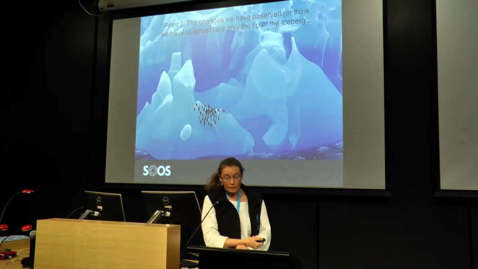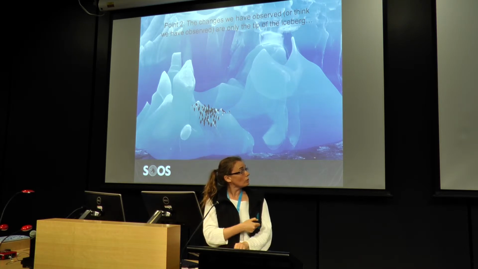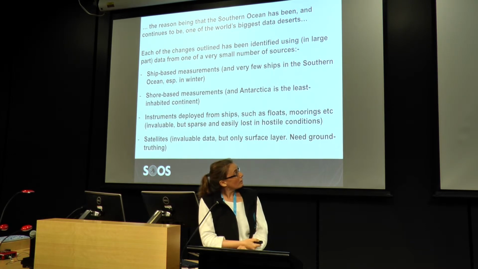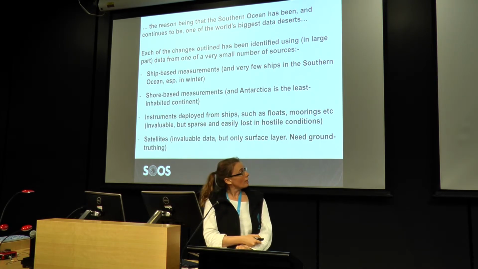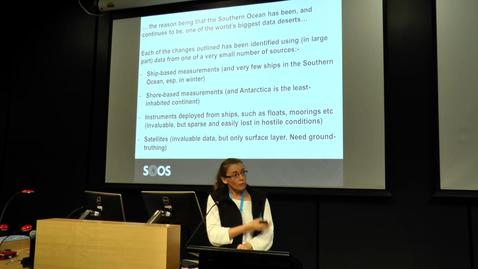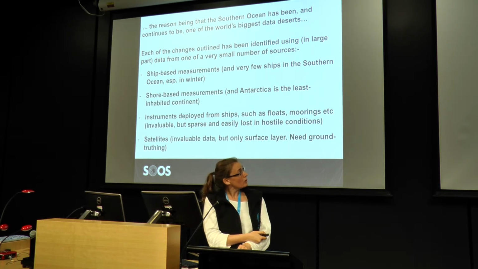The second point is that these changes that we have observed, or think we have observed, are only the tip of the iceberg. The reason for that is that the Southern Ocean has been and continues to be one of the world's largest data deserts. Every one of the changes outlined has been identified using data from a very small number of sources.